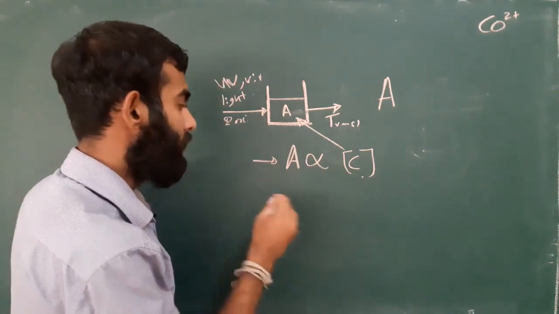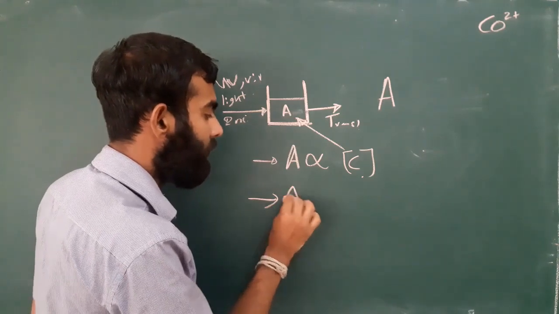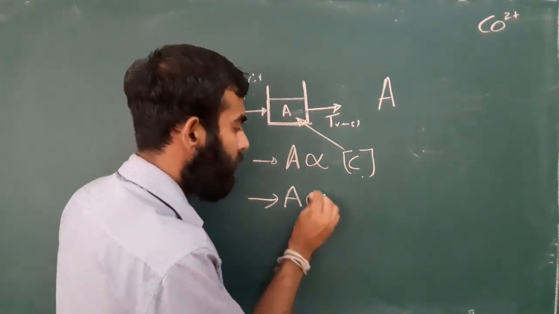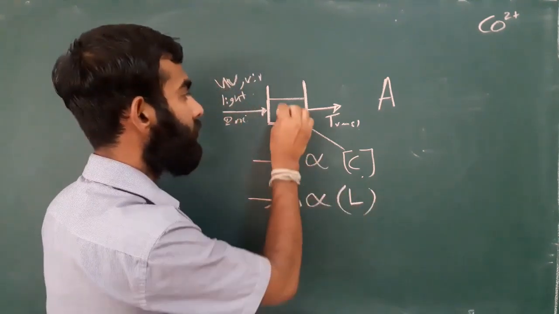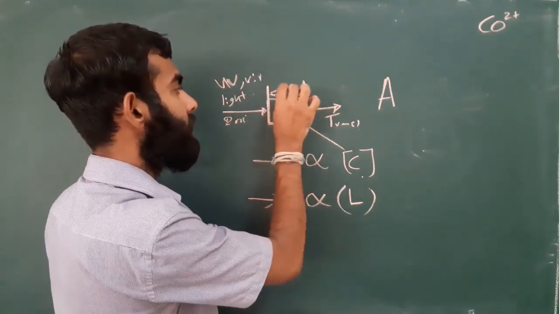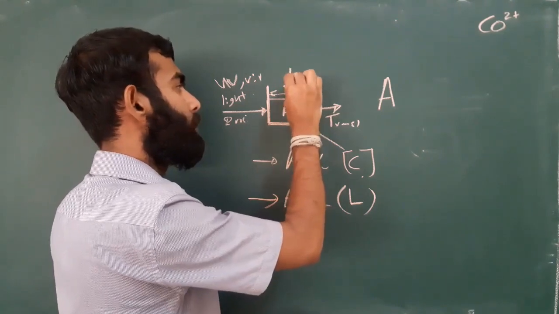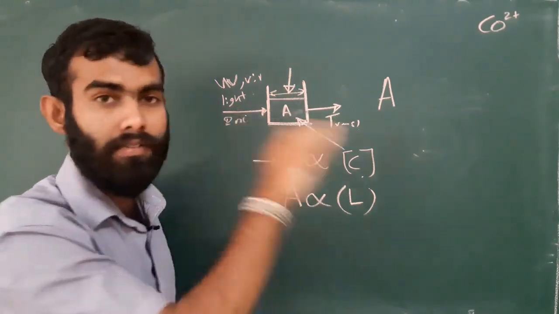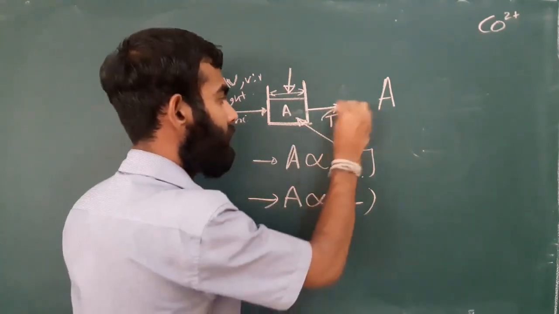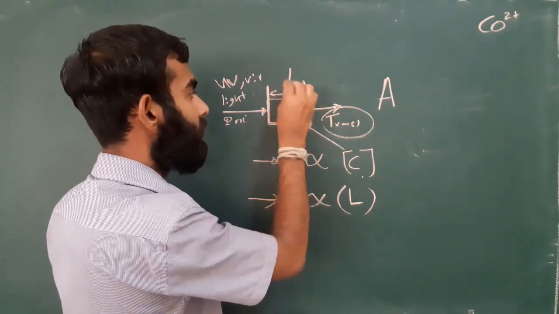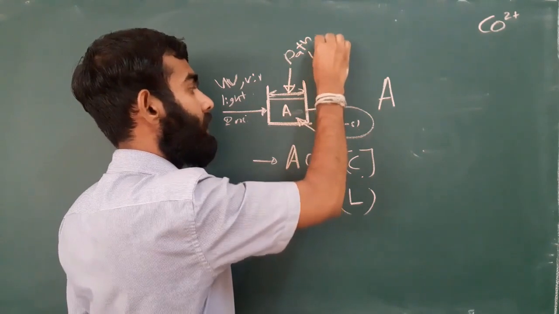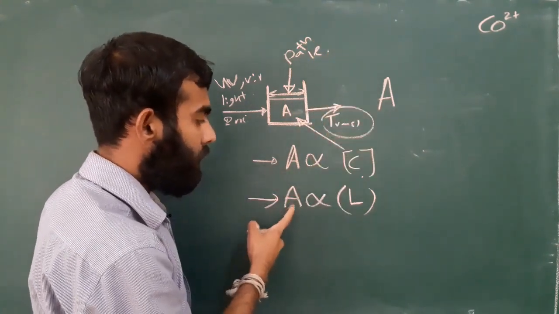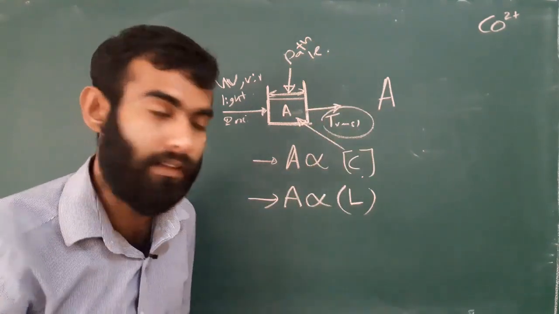On the other hand, Lambert observed that absorbance is proportional to the path length, the distance which the incident light travels through the solution. So absorbance is proportional to the path length.